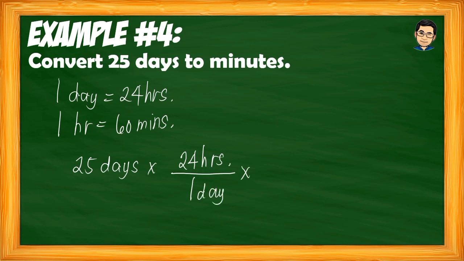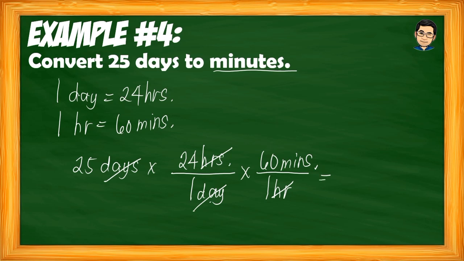Times, so bakit kailangan nating mag-multiply? It's because kapag kinancel out natin yung days, matitira po is hours. Ang hinahanap po nating units is minutes. Ibig sabihin, kailangan pa nating mag-multiply. Sa loob ng isang oras, meron po tayong 60 minutes. Ayan. I-cancel out na po natin yung days, hours.